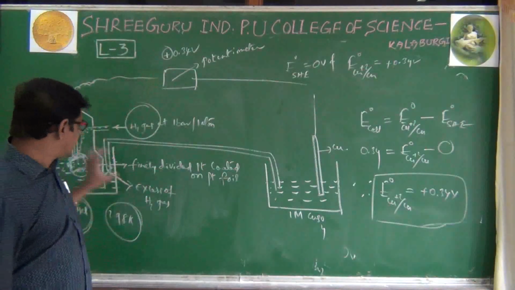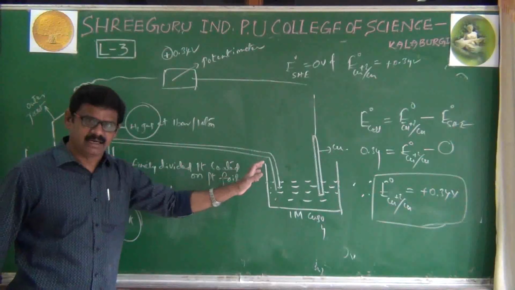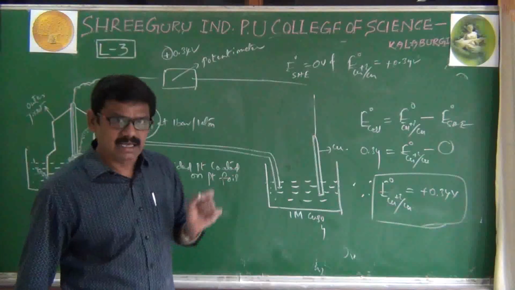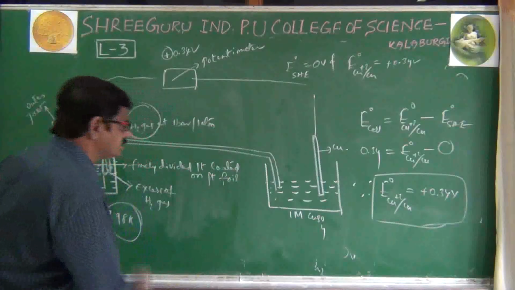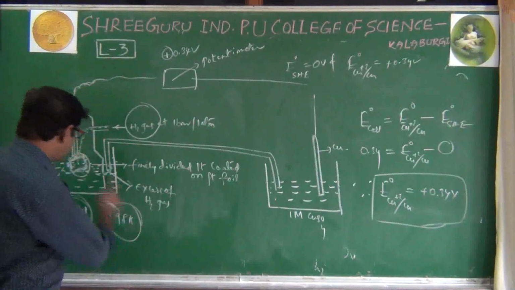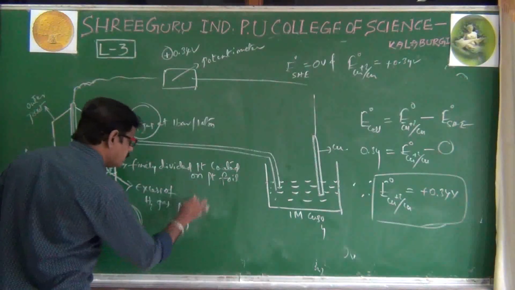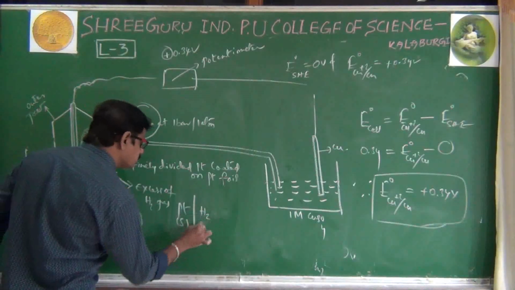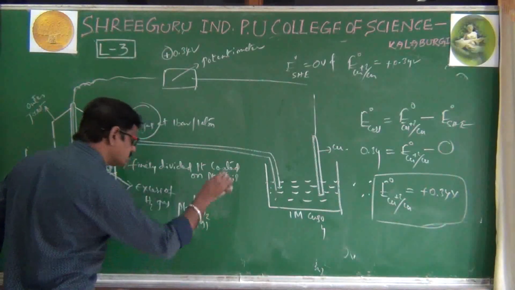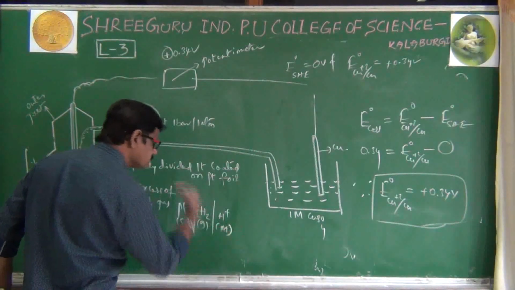Now again, when SHE and copper are connected to each other, we have to write a cell notation. It is almost similar to the previous case. Our SHE is acting as anode, that's why platinum, H2 oblique H plus 1 molar.